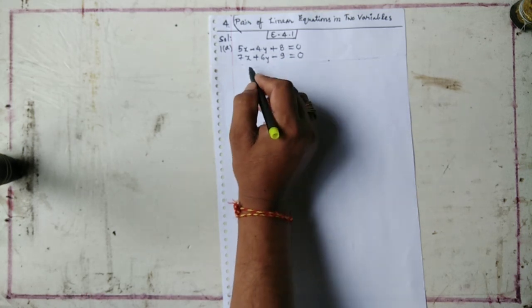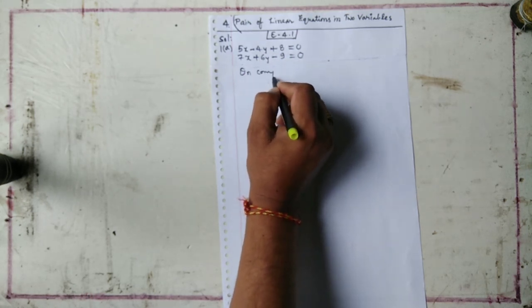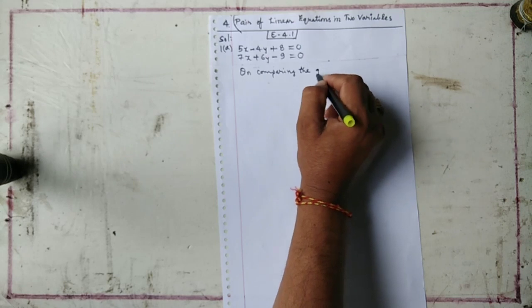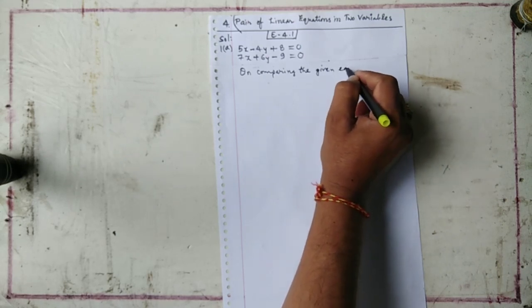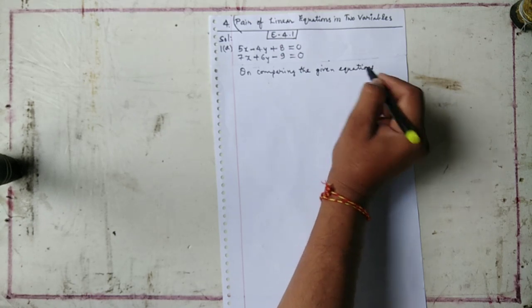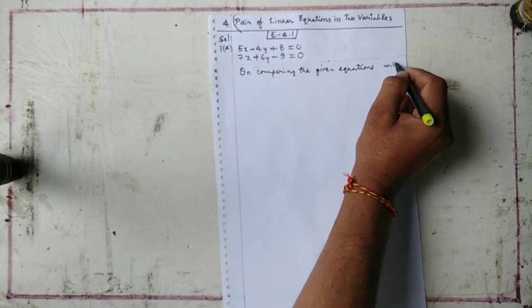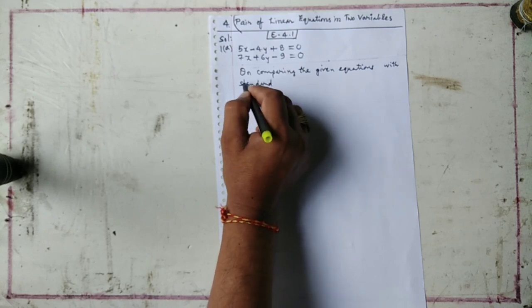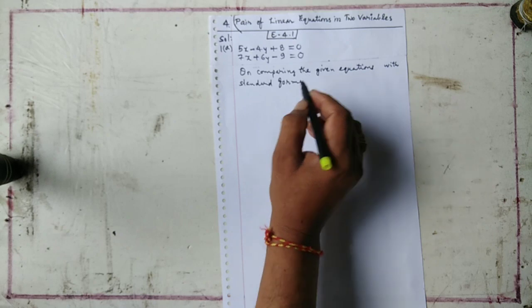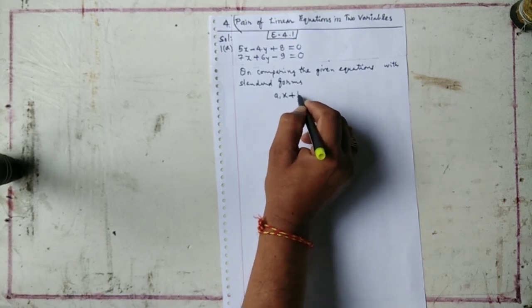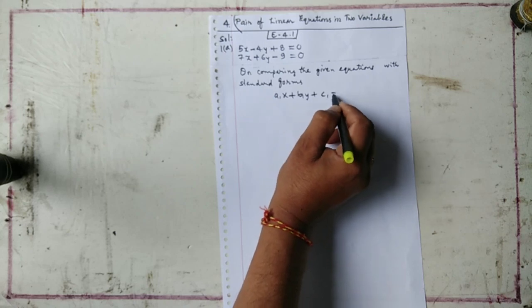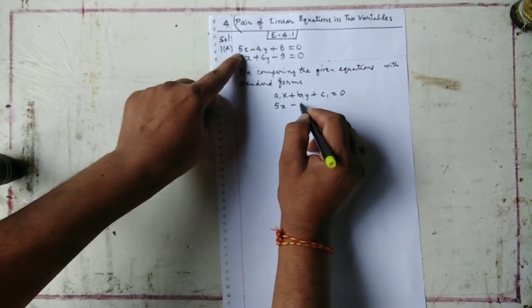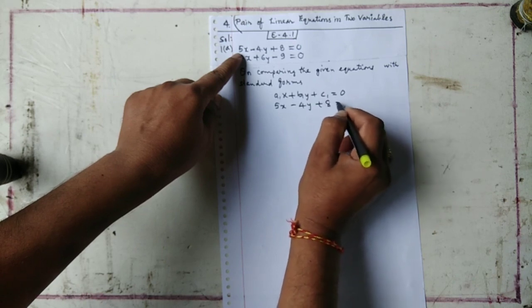On comparing the given equations with standard forms, a1x plus b1y plus c1 is equal to 0. So 5x minus 4y plus 8 is equal to 0.